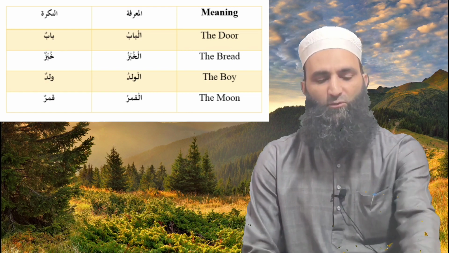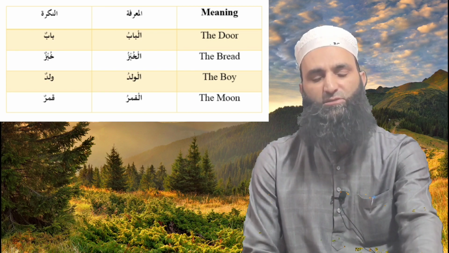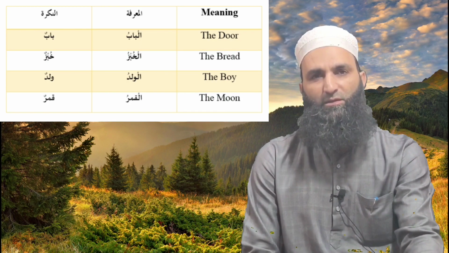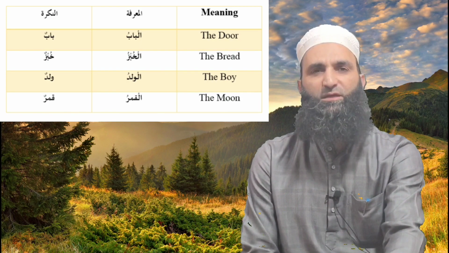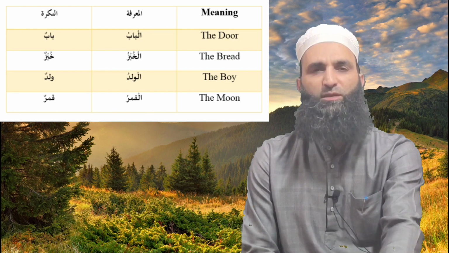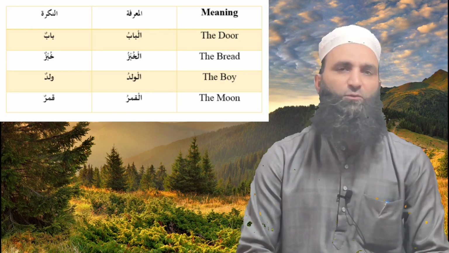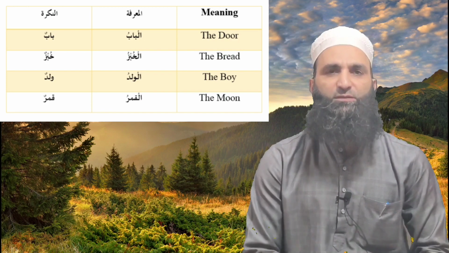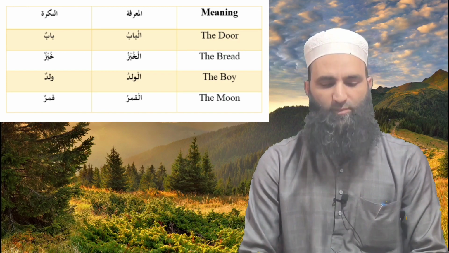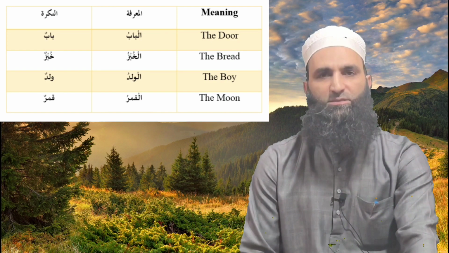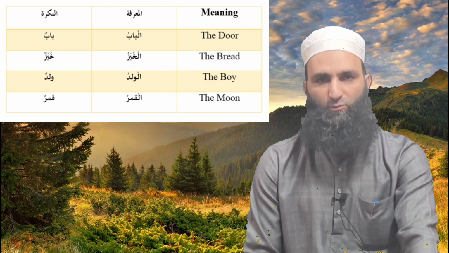In the same way, in the first column you can see the examples of nakira. Then we have prefixed alif lam to them to make them definite or marifa, and in the third column you can see the meanings of these 4 nouns. The first one is babun, second is khubzun, then waladun and qamar.